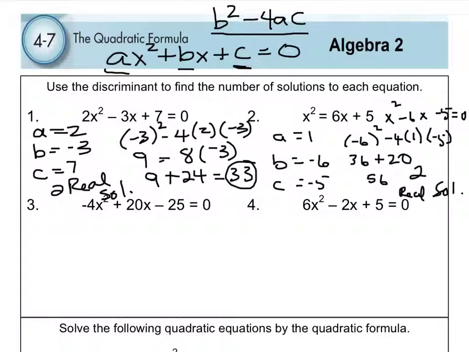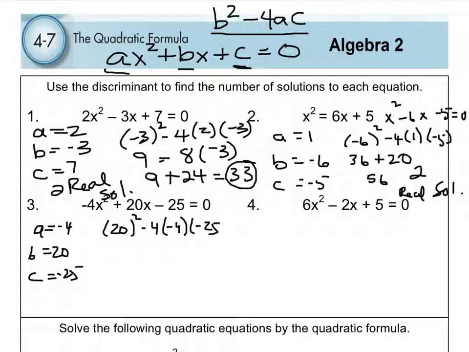Okay. Same process on number 3. For number 3, I figure out a is negative 4, b is 20, and c is negative 25. So I'm going to substitute these in. I've got 20 squared minus 4 times negative 4 times negative 25. Then 20 squared is 400.